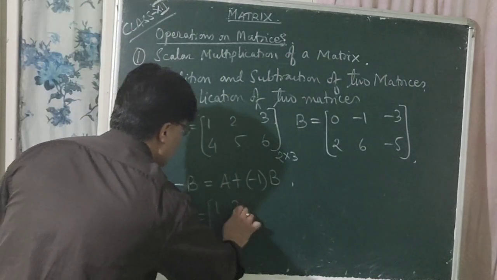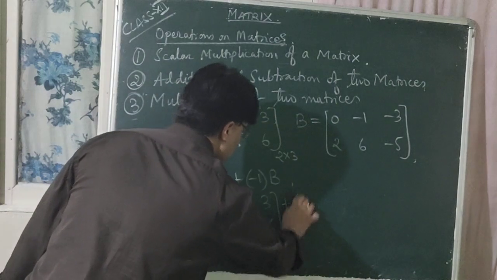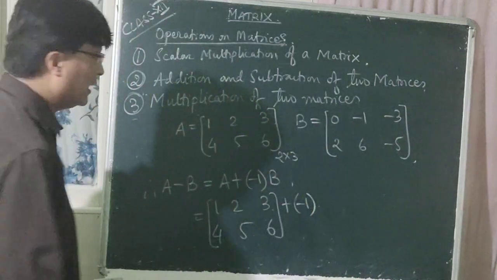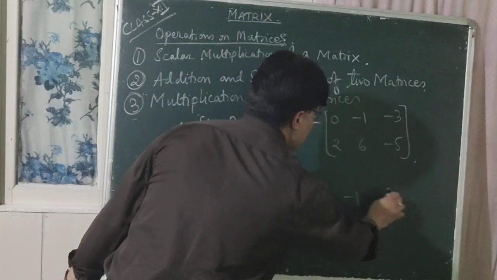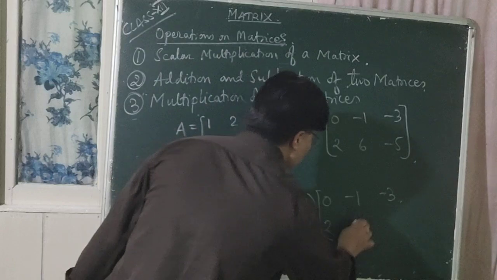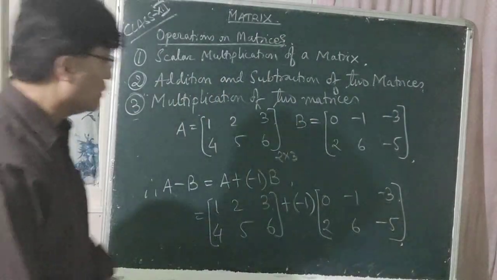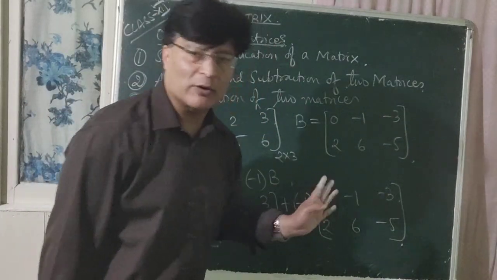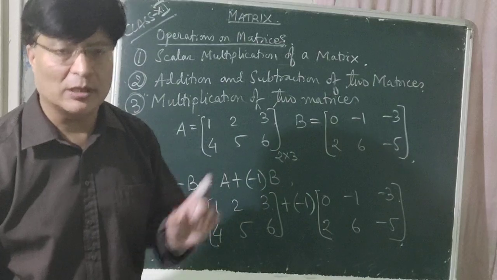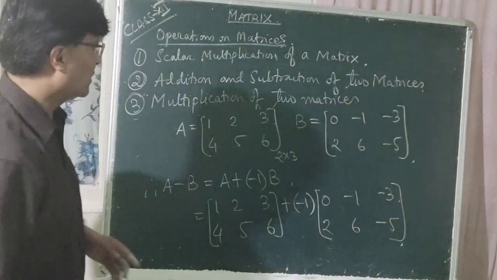It is 1, 2, 3, 4, 5, 6, plus this minus 1, okay? Now what is B here? It is 0, minus 1, minus 3, and 2, 6, minus 5. Is that clear? Now, you know that this is the matrix B and this minus 1 is a constant, that is the scalar multiplication. Minus 1 is the scalar multiplication of the matrix B. Okay?